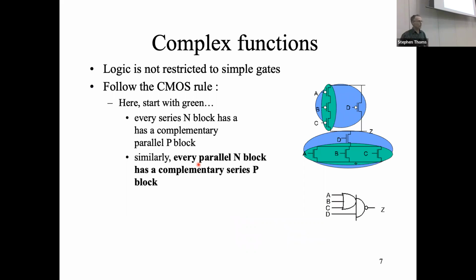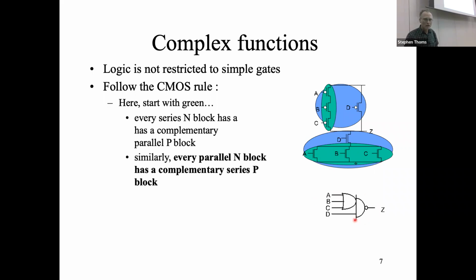But we can do more complex functions than that. So what we want to do is look at this situation here, and essentially we're going to follow the CMOS rule, which remember is that you've got a series N block, you've got a parallel P block, and every parallel N block has a complementary series P block.